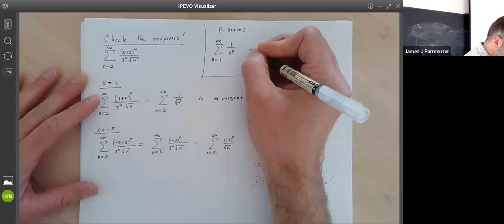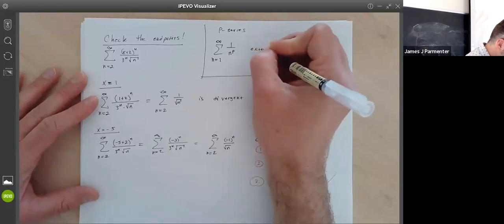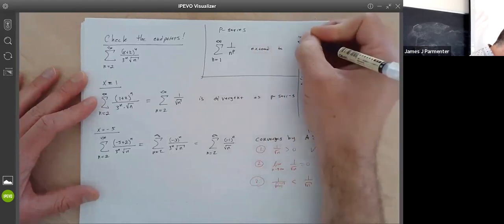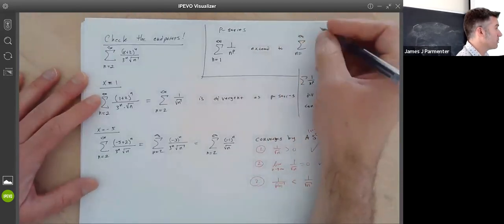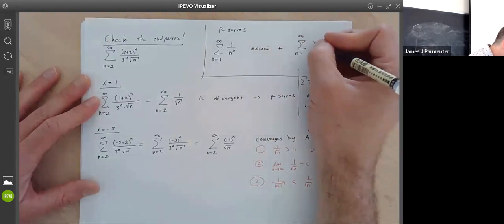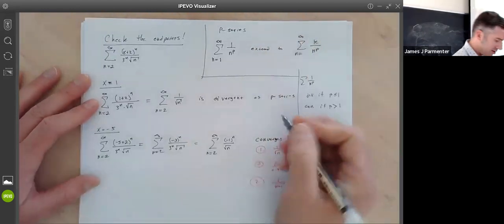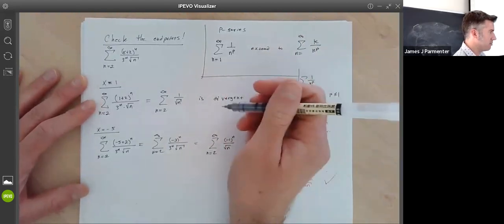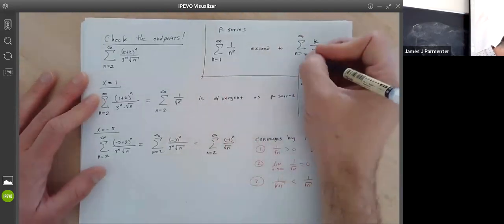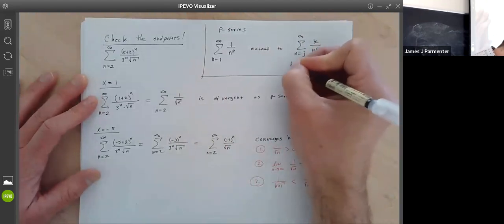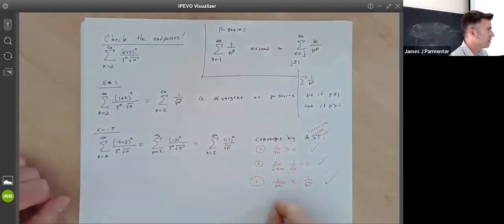But really, you can extend this. You can take any non-zero multiple of it, so you can say multiply by k, over n to the p. And you can actually start anywhere after 1. So you can start at n equals any value, let's say j, where j is greater than or equal to 1.